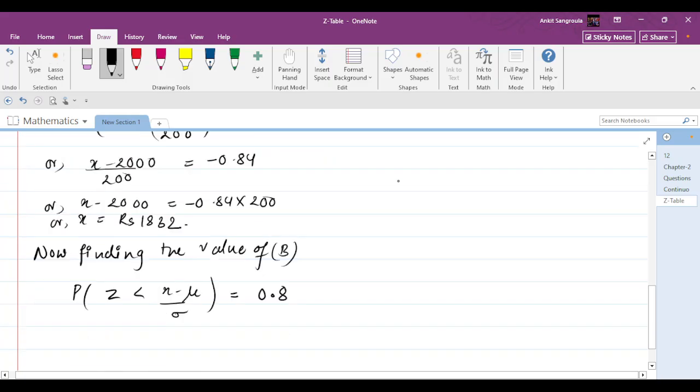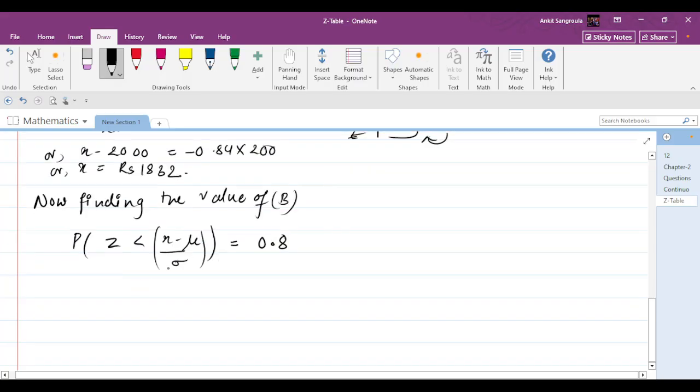Now I already told you the same process. If you plug in the value of Z on the Z table, you get the output as the probability. If you put the probability into the Z table, you should get the output as the value of Z, and we'll do the same thing.